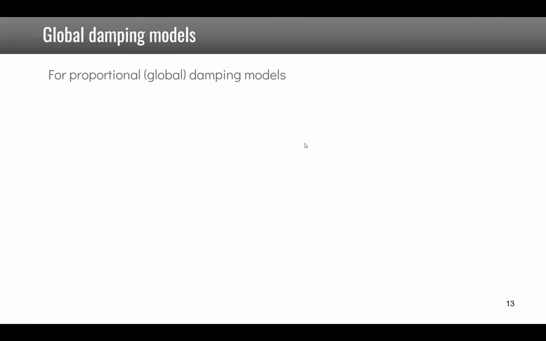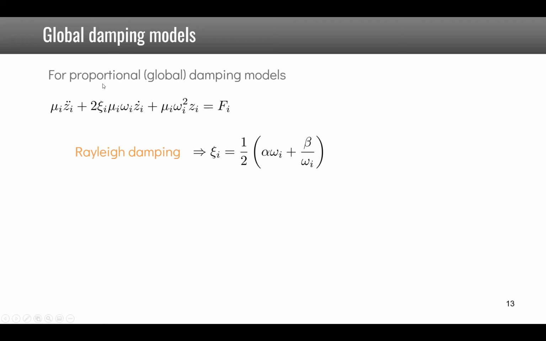Now, usually there is damping, so we have the choice between different damping models. So for proportional global models, which are most often used, in the equation of motion of one mode, you have the coefficient xi, and so you have different choices for this coefficient xi.